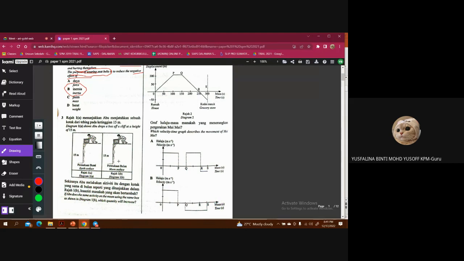We have to know the difference between the Earth's surface and the moon's surface. The difference is the gravitational acceleration. For the Earth we already know it is 9.81 m s^-2, but some of you still use 10. Remember, for those who use 10, I will not give you marks. I told you so many times you have to use 9.81.